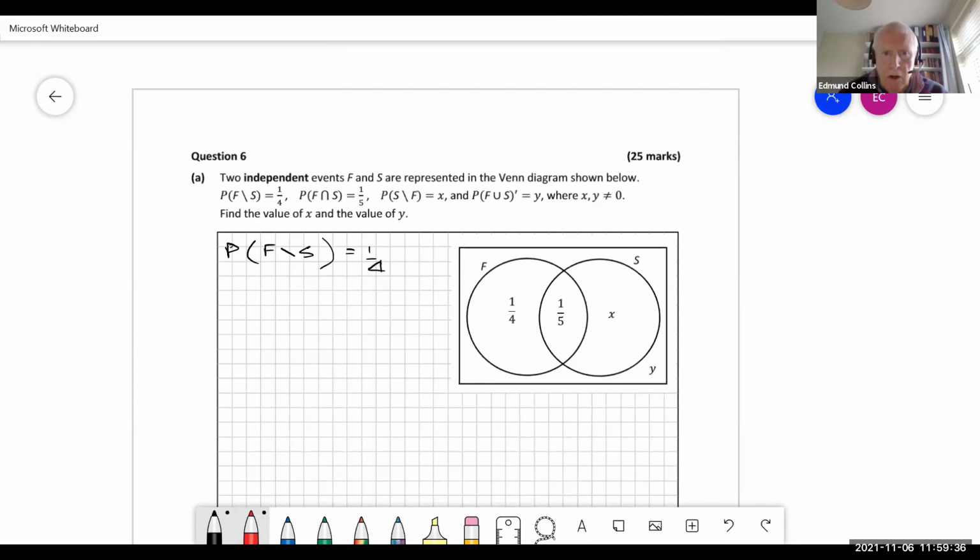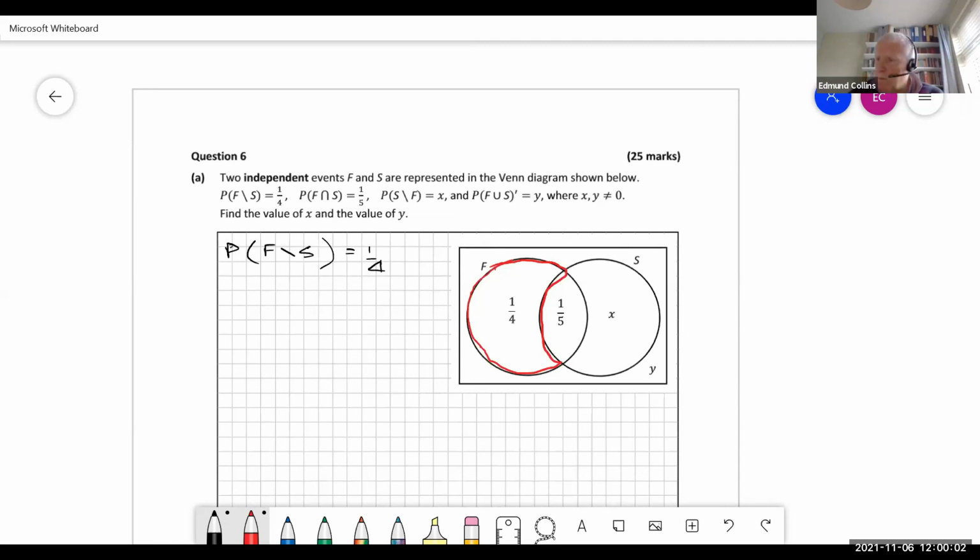Just to be clear, the quarter is this: the probability of F but not S, not the overlap or the intersection.